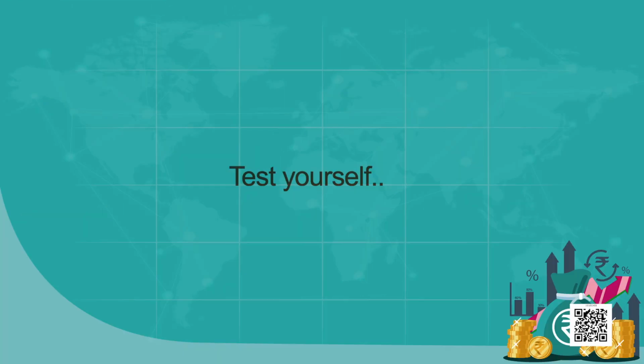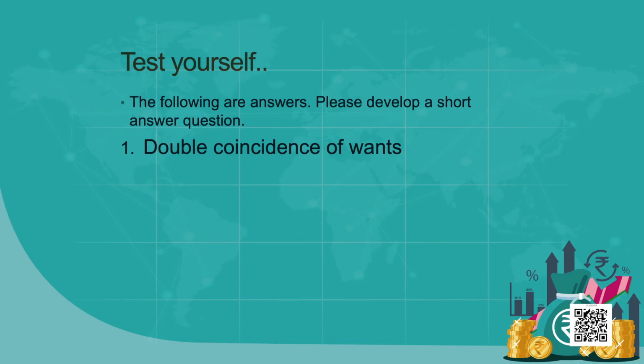Let me ask you some questions. In this session, we will have a different kind of question. I am going to give answers, but you have to develop a short answer question. Let me read out the 6 answers. After some time, I am going to give you the questions also as a clue. Answer number 1, double coincidence of wants.